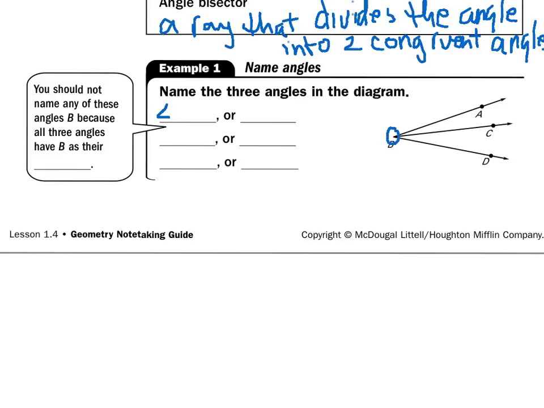All these angles have the endpoint B. Endpoint has to be in the middle. So let's write this angle first. It would be A, B, C. Or we could flip that around and say C, B, A. My angle sign on each of these.